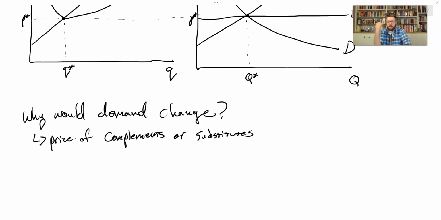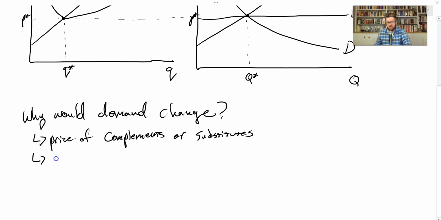So if I like eating meat and beef, I don't really care if I eat beef or pork, and the price of pork falls, I'm going to switch to pork, and that's bad for the demand for beef, even if the price of beef is unaffected. It will be affected by that demand fall, but not immediately, right? So the price of other goods can change demand.